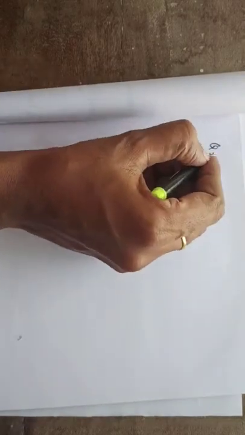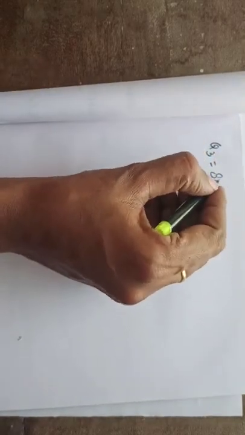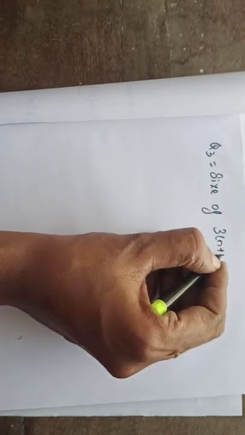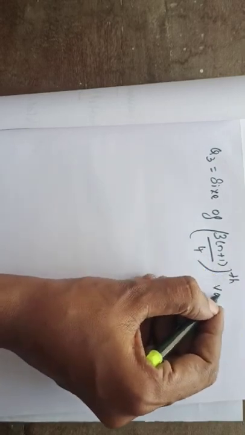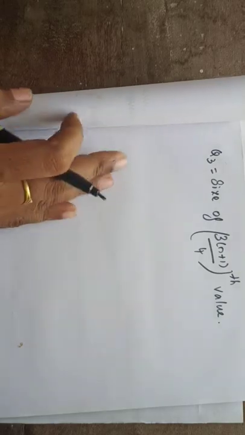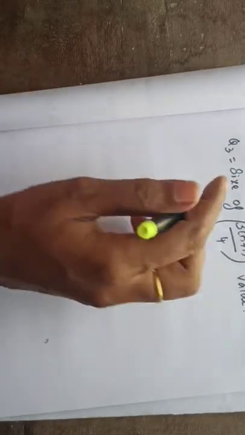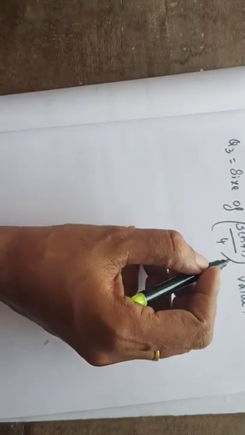Next we will find Q3. The formula is the size of 3 into (n plus 1) divided by 4th value. You also need to learn these formulas: Q1 is the size of (n plus 1) by 4th value, and Q3 is the size of 3 into (n plus 1) by 4th value.